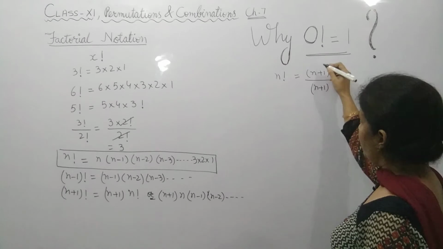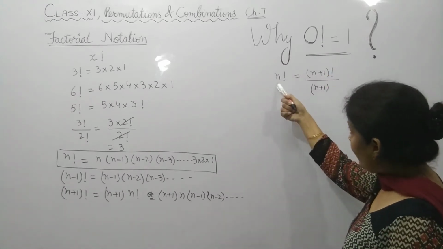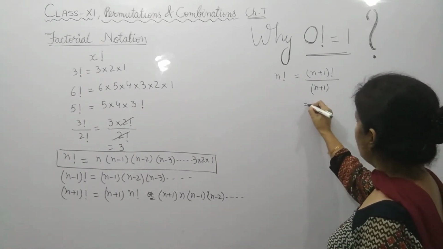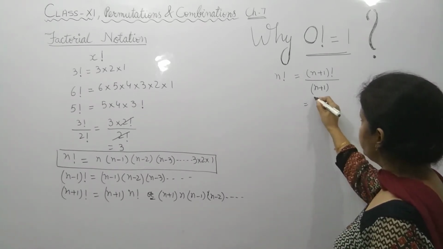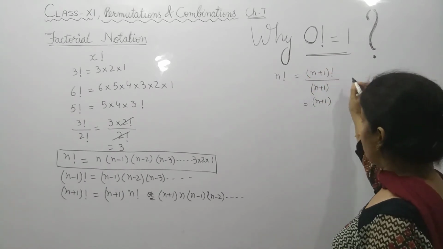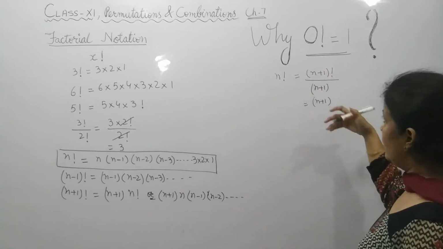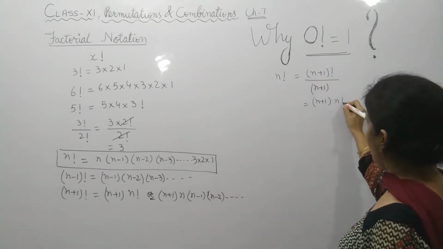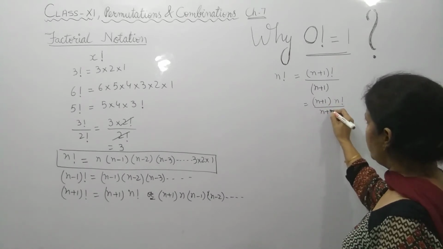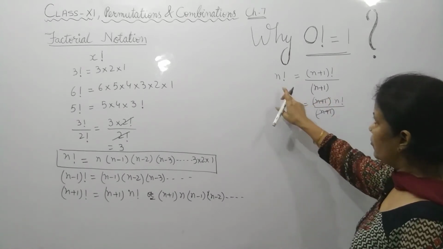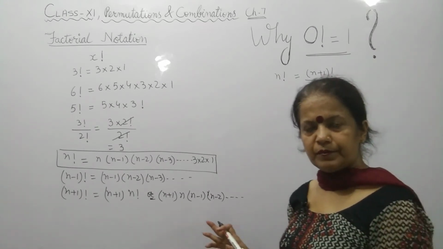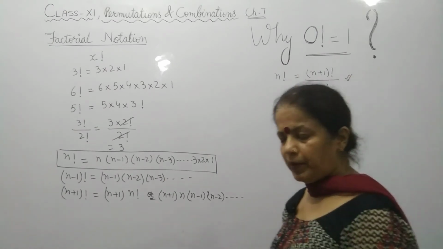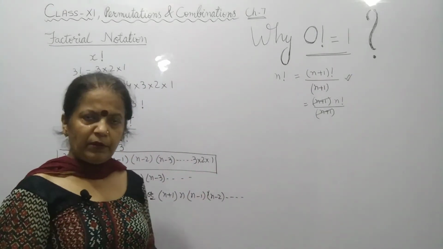Look, if we solve these two, what result will you get? n plus 1 expanded is n plus 1, then n factorial comes, minus 1 each time, and the denominator is also n plus 1. So it will be cancelled out, and n factorial will be n factorial. So this n factorial we can write in this form also: n plus 1 factorial whole upon n plus 1.